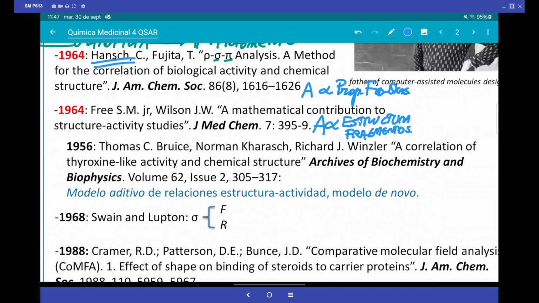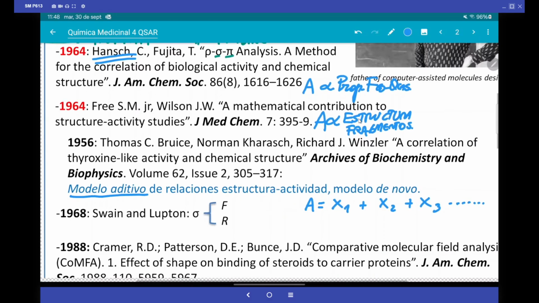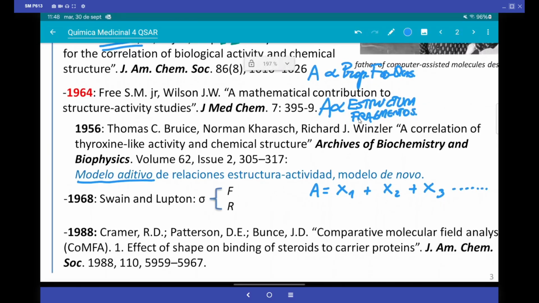When we say additive model, it is because biological activity can be expressed as a sum of things. We can have additive linear equations. Well, then there is the base, there is the foundation.